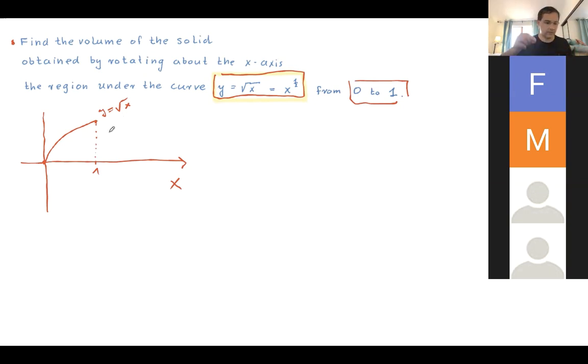And now let's do the revolution of this region about the x-axis. When I do the revolution about the x-axis, that will give me a three-dimensional solid, the volume of which I want to compute. This is supposed to be symmetric, so something like this.